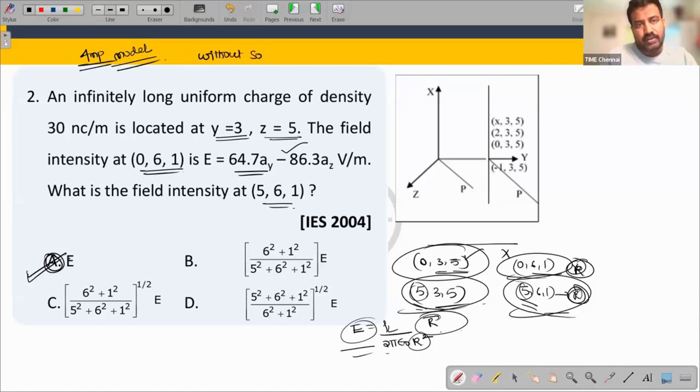You must do this without solving. Just apply logic. Finish the question within 5 seconds. Then time will be on your side. You will be ahead of others. Remember, in a competitive exam, time is everything. Okay.